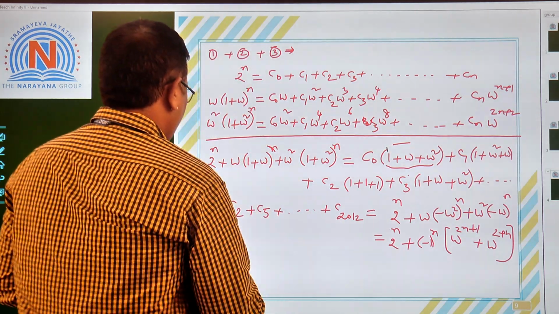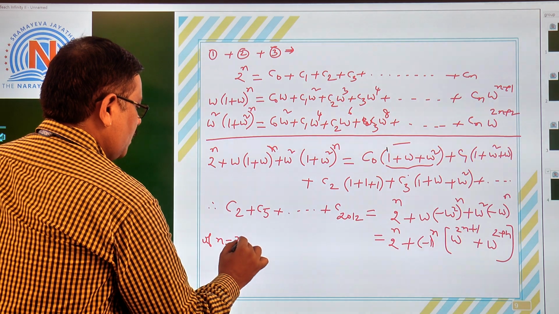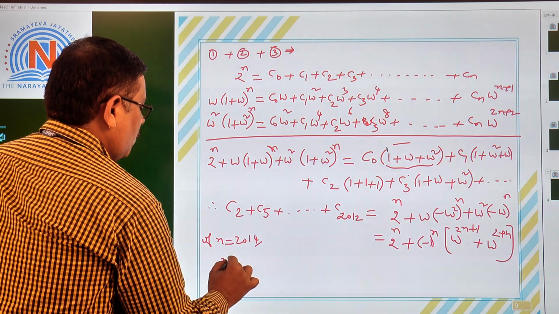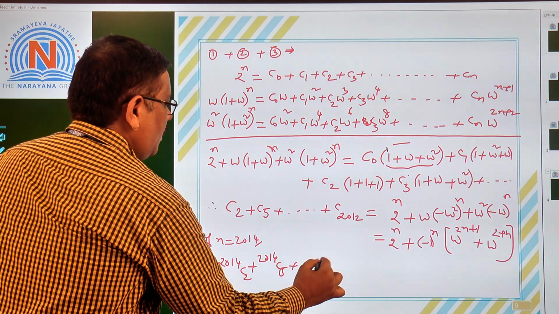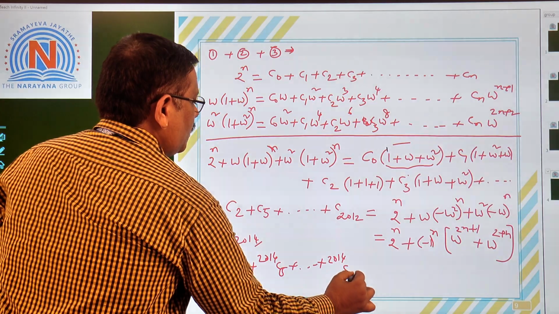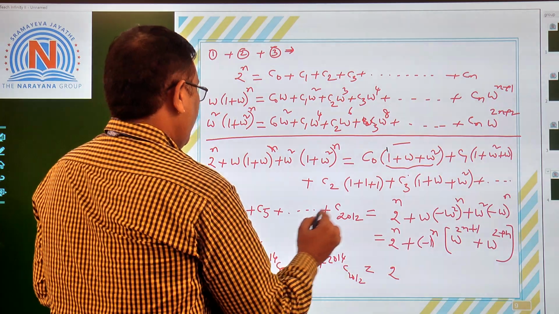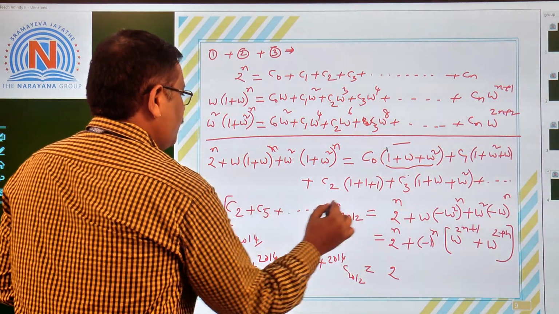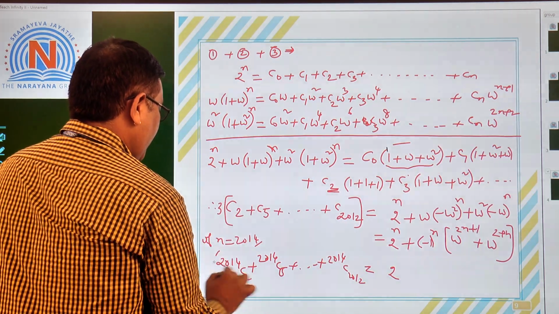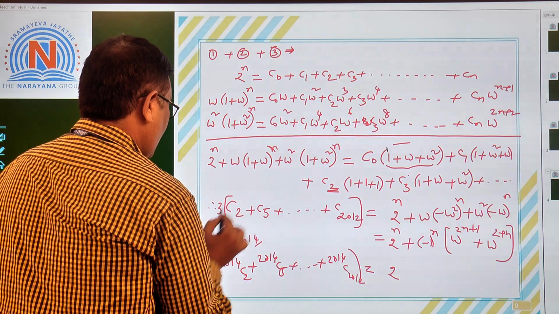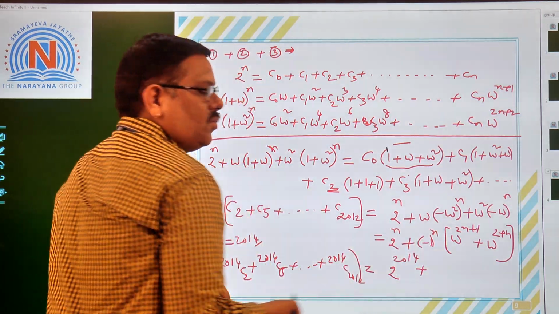Therefore, if n is 2014, we are going to have 2014 C2 plus 2014 C5 plus so on 2014 C 2012 is going to be 2 to the power of... here also one more thing, each is observed 3 times. If you observe here C2 into 3, so here I better write 3 here, even here I have to write 3. Okay, so that is 2 to the power of 2014 plus (minus 1) power 2014.